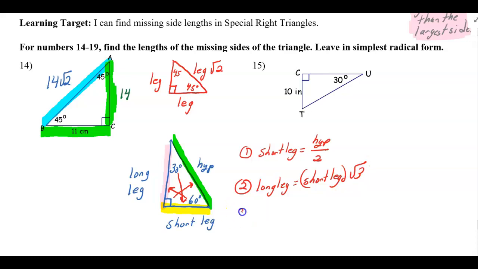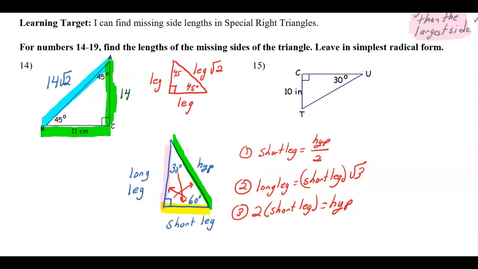And a third relationship, which is related to number 1, is 2 times the short leg is equal to the hypotenuse. So let's use these 3 relationships to solve problem number 15.